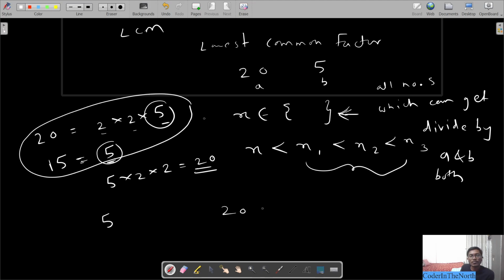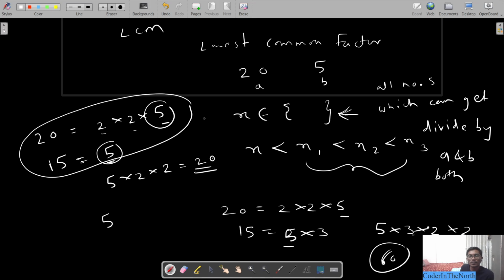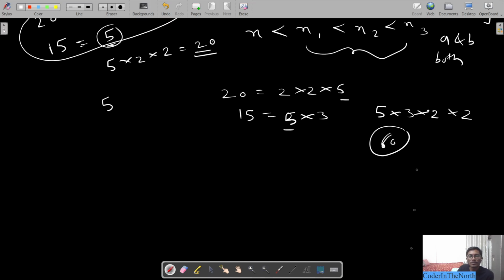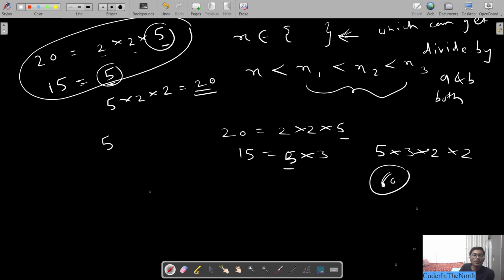So what will be the prime factorization? 2 into 2 into 5 for 20, and for 15 it will be 5 into 3. So we used to take 5 only one time, then 3, then 2 into 2, so it will be 60. So the LCM of 20 and 15 was 60. We used to calculate like this.